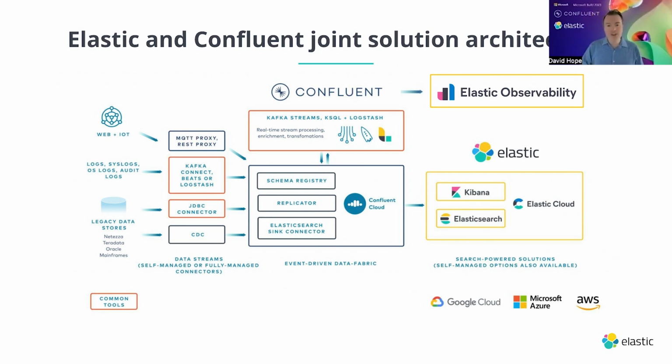Today, we'll discuss how to utilize Confluent as a pipeline for open telemetry data, and we'll explore three key use cases where both Confluent and Elastic provide essential support to customers. And finally, we'll talk about Elastic's recent contribution to the CNCF and open telemetry projects to come up with a standard schema for telemetry and security data.